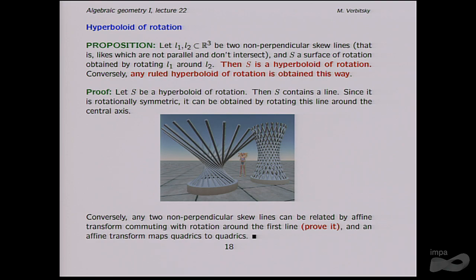Both families are parameterized by lines, because each family intersects another line precisely once. So you can forget about the second family and project your hyperboloid to CP1, which parameterizes these lines. Then you can take another line from the family, and this would give you a parameterization.